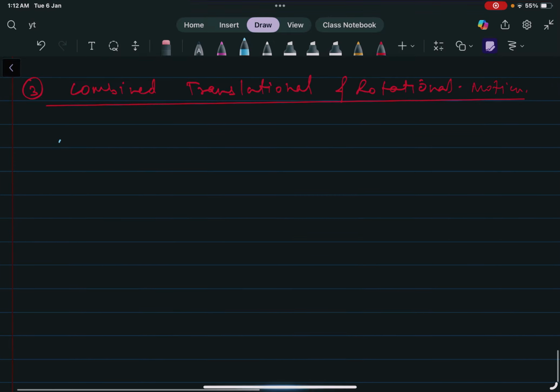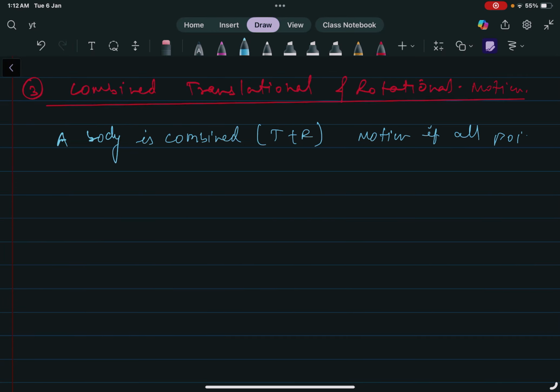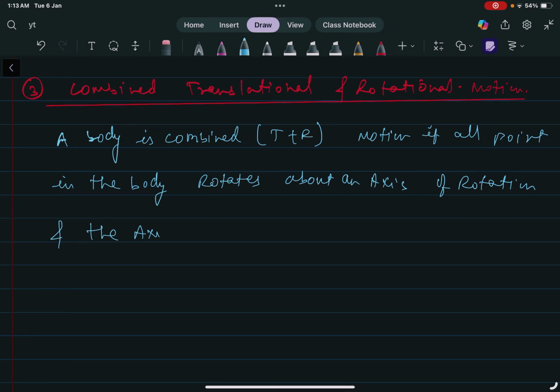We can say that a body is in combined translational plus rotational motion if all points in the body rotate about an axis of rotation and the axis of rotation moves with respect to the ground. With respect to the ground.